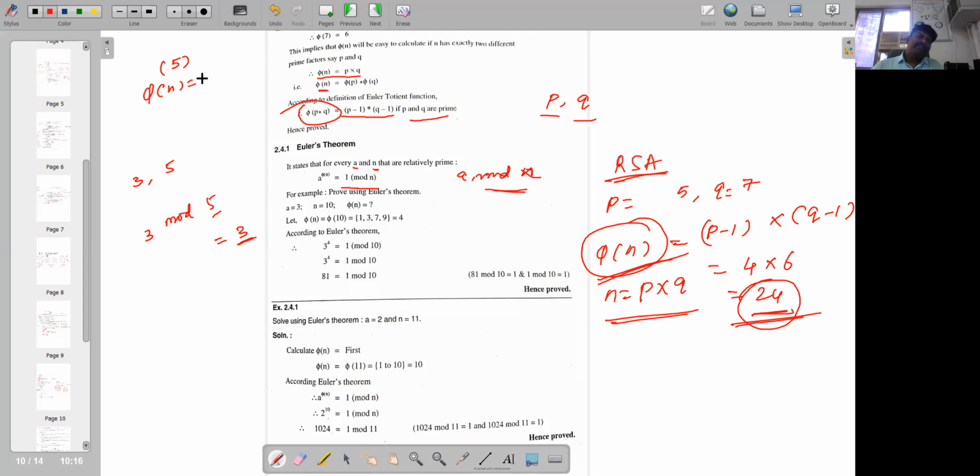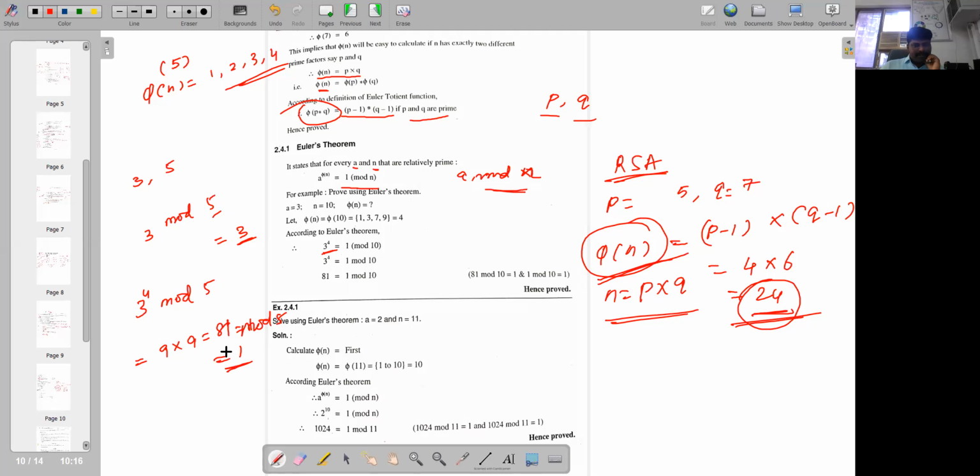The phi of n value here is 4, so 1, 2, 3, 4. If we talk about 3 power 4 mod 5, what value are you getting? 3 power 4 is 9 times 9, which is 81. 81 mod 5, you'll get 1.